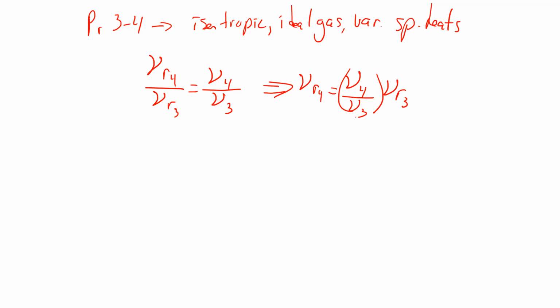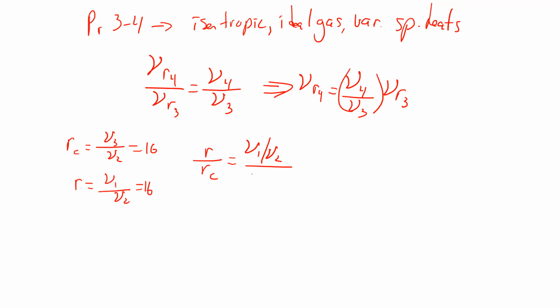Now, how do I quantify v4 over v3? If you recall, the cutoff ratio is v3 over v2, and the compression ratio is v1 over v2. Just to show you, the compression ratio over the cutoff ratio is equal to v1 over v2, divided by v3 over v2.